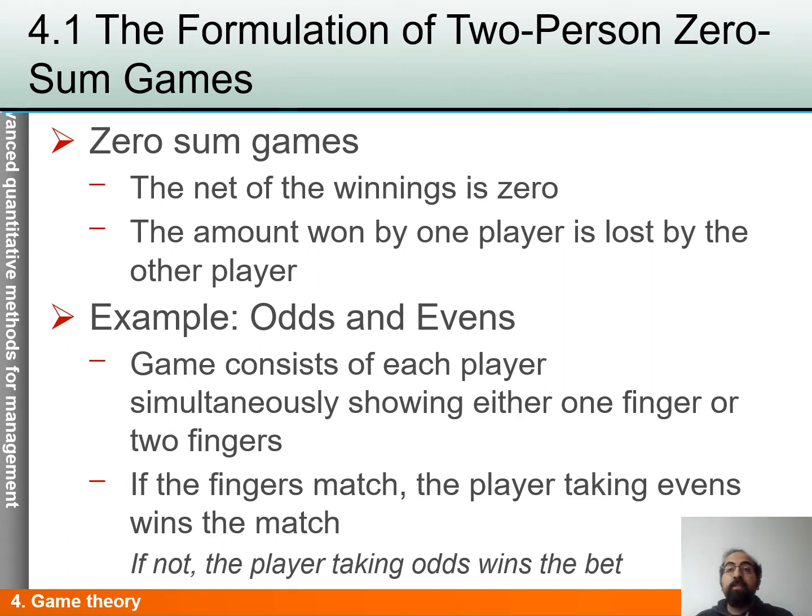It can be 2 cents, it can be €2, it can be $2 million, it can be 2 apples, it can be 2 whatever. This is not that important. What is important is that one player, for example, wins 2 units, 3 units, or 1 unit.